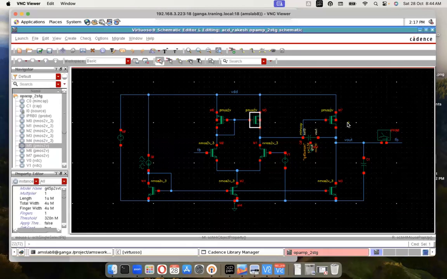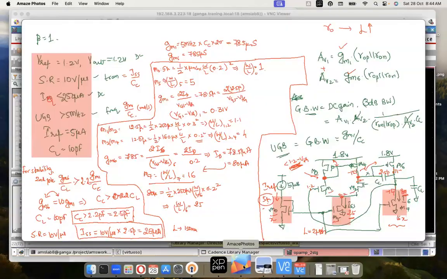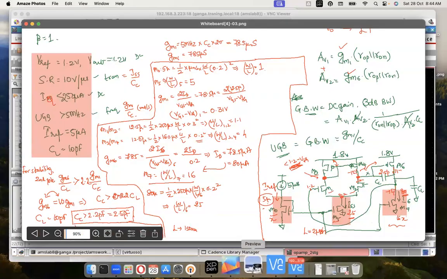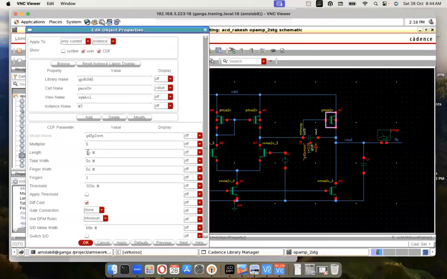So I'm just implementing the same numbers, whatever we have calculated, just that length is what I'm changing, that's all. W by L ratio is the same. Okay, M6. Let's go to M6. That is M6 sizing 25. Now, should it be 1 micro?